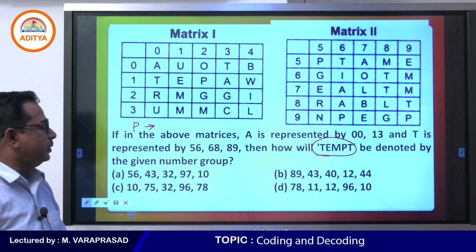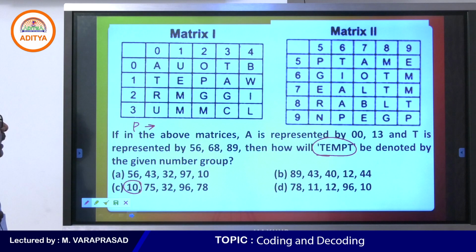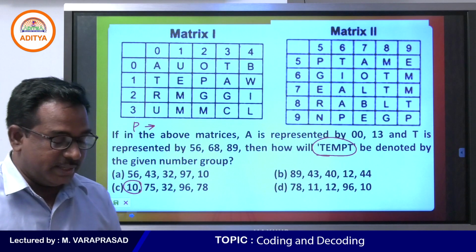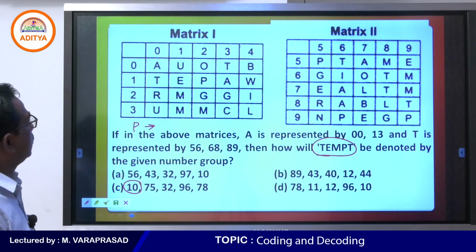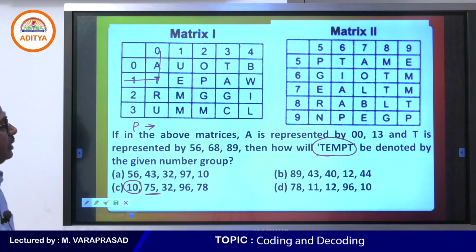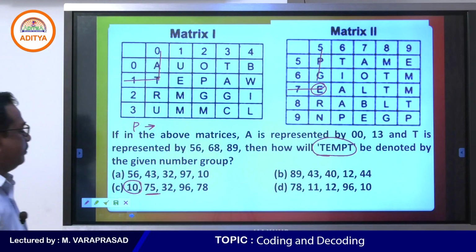So 10, 10 we can take for T, yes, T can be denoted 10. Next one, 75 for E.